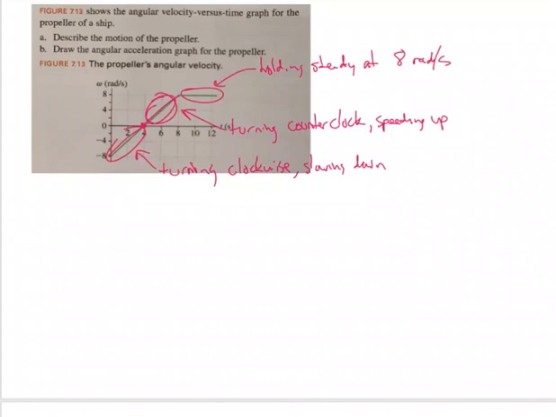Okay, so now part B, just draw the angular acceleration graph for the propeller. This would be time in seconds, and then angular acceleration is here, in radians per second squared. Well, that is the slope of the omega, the slope of the angular velocity. So we just have to figure out what the slope is.